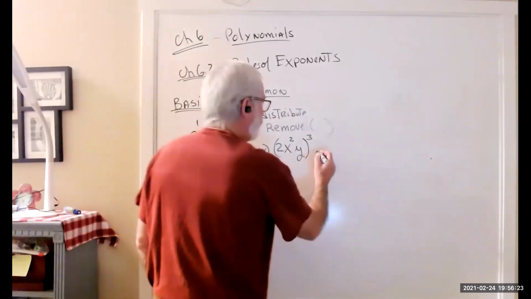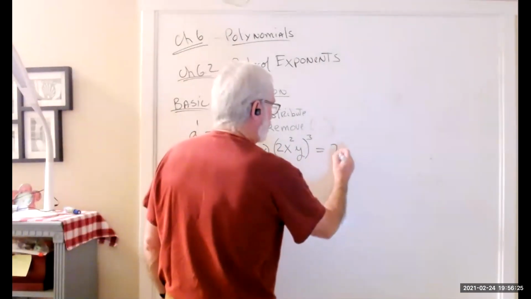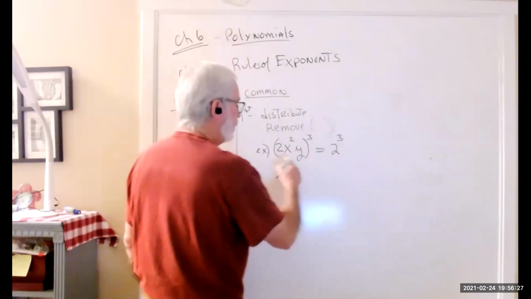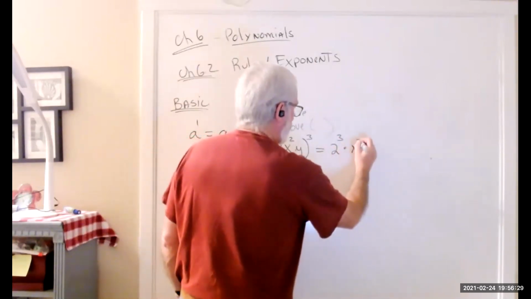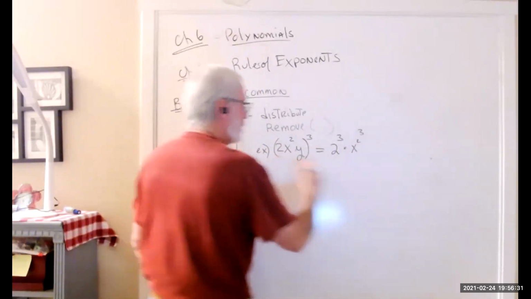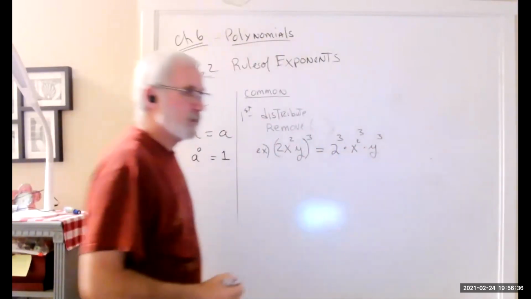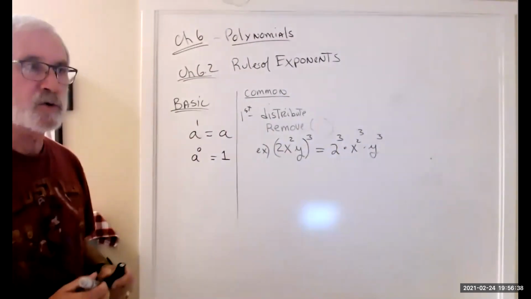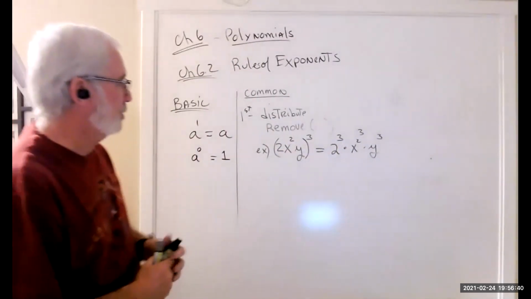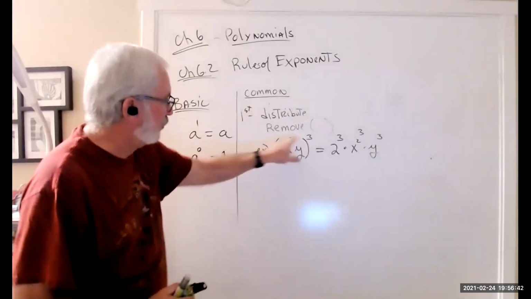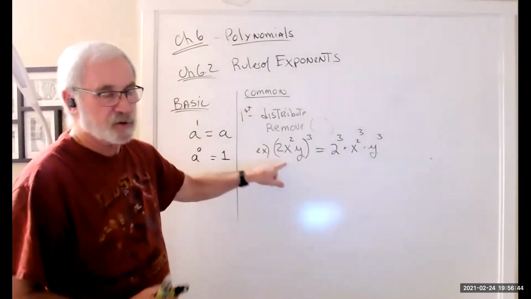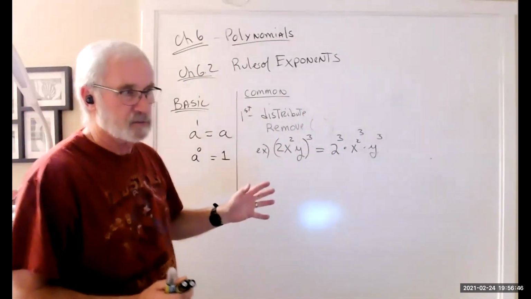The first thing you do is you say this is 2 to the 3rd power times x squared to the 3rd power times y to the 3rd power. That's the first thing you do. You distribute that power to everything inside that parentheses. So there's no more parentheses.